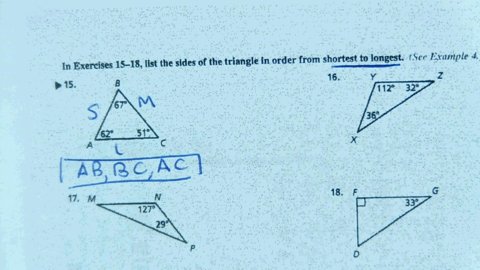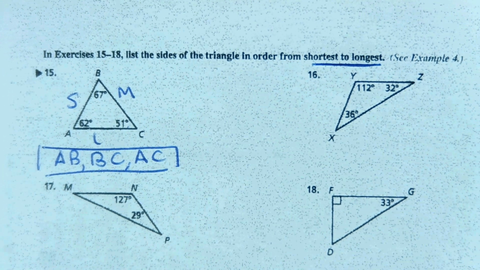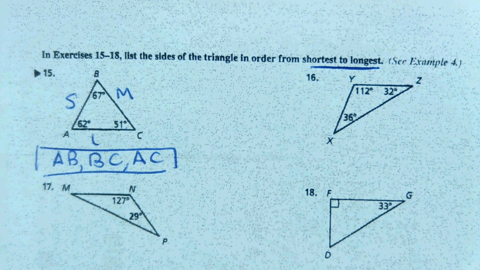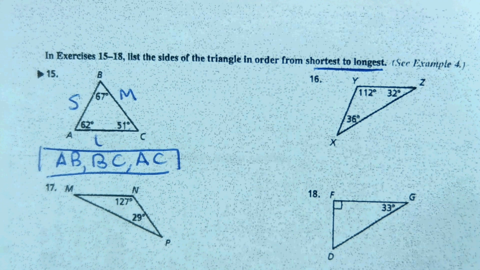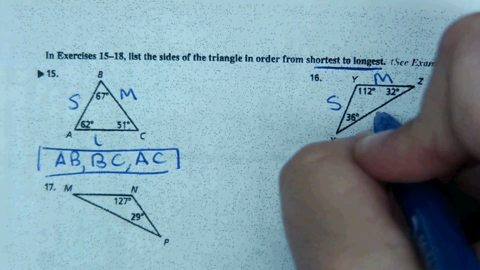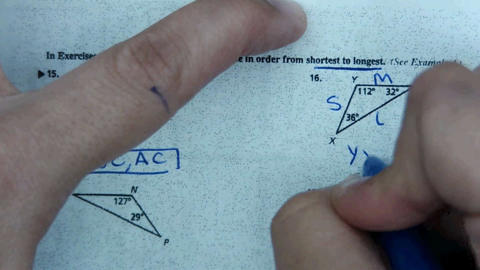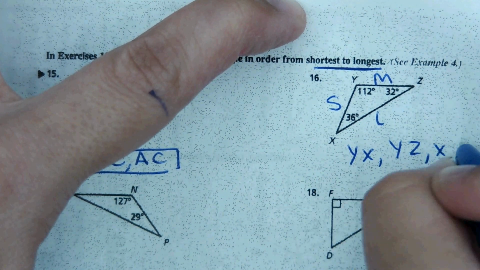So shortest side would be AB, then BC, then AC. Then short, medium, long, Y, X.